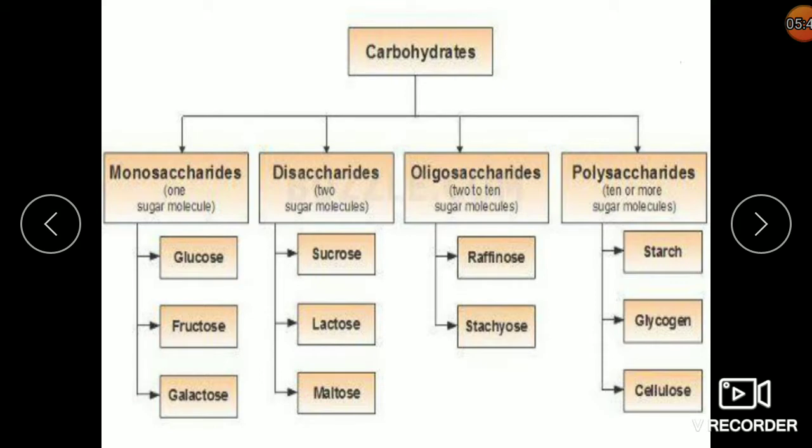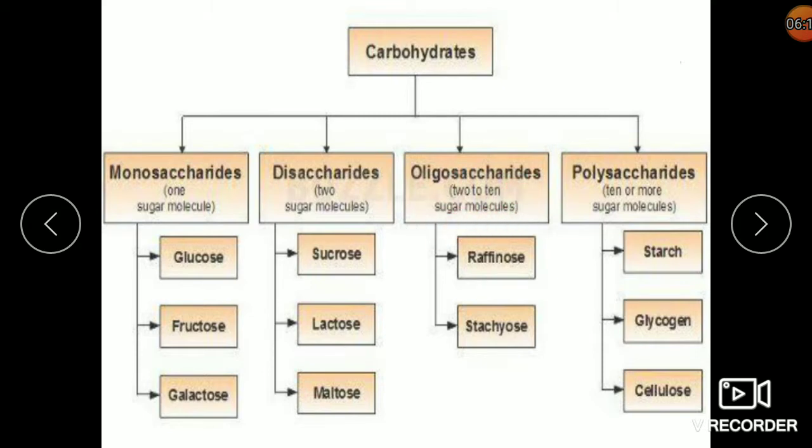Next is disaccharide. Di means 2. So this carbohydrate on hydrolysis produces 2 simple sugar molecules. Examples are sucrose, lactose and maltose. Then oligosaccharides are the carbohydrates that on hydrolysis produce 2 to 10 sugar molecules.